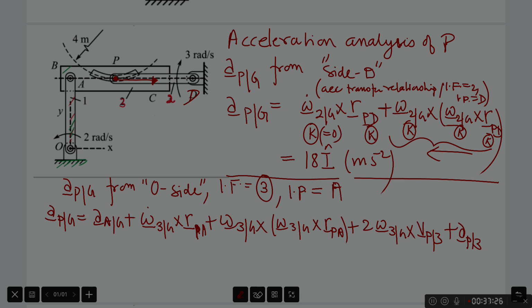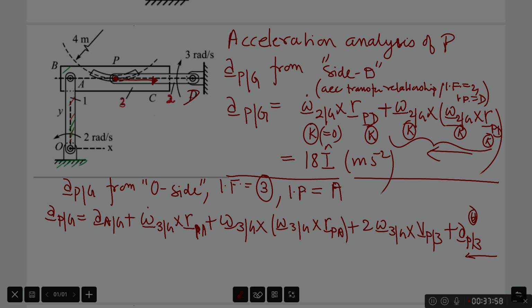APG, AG, O3G, RPA, 3G, VP3 and AP3. VP3 and AP3, yes. Now again, let's sweep from right to left and see what is known or unknown. AP3 is an unknown. But I know I can express this vector in terms of some scalar unknowns.